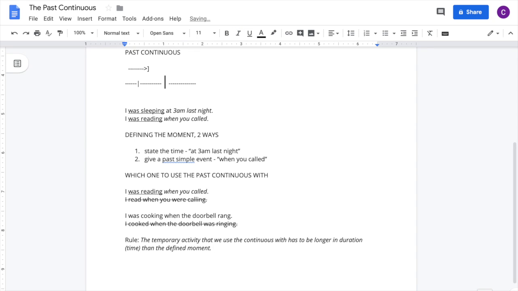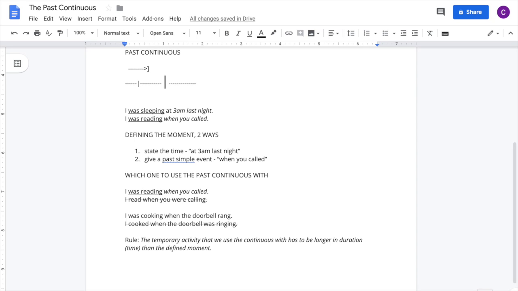So why is that? Well, it's just logically necessary, because when we use continuous, we're saying that this temporary thing was happening at a moment in time. In order for it to be happening at this moment in time, it has to happen for the full length of that time. For it to happen for the full length of that time, it has to be longer than that time.